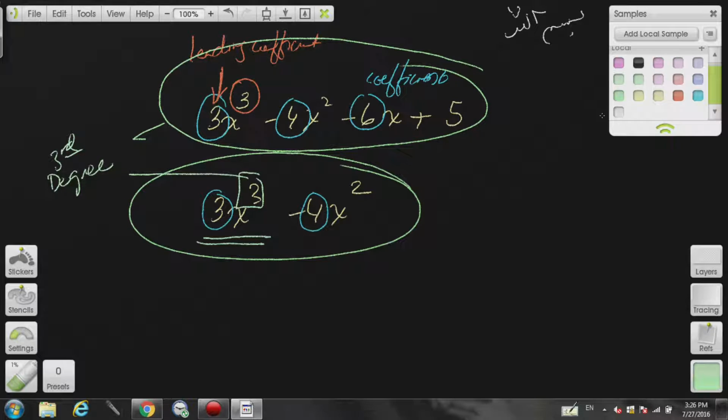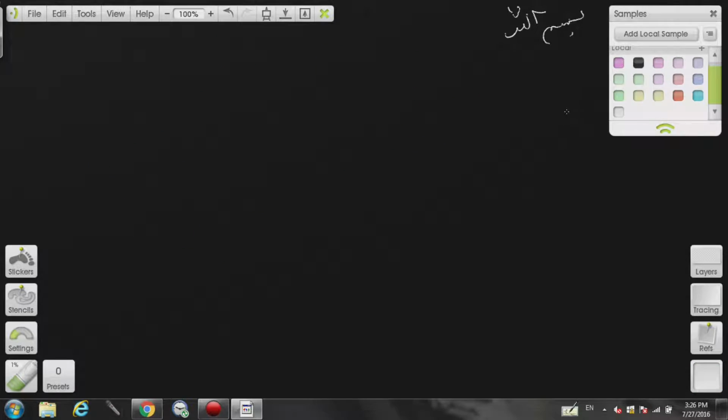Correct? Now, watch this. This is a first degree polynomial. This is a second degree polynomial. Correct? You agree with that?